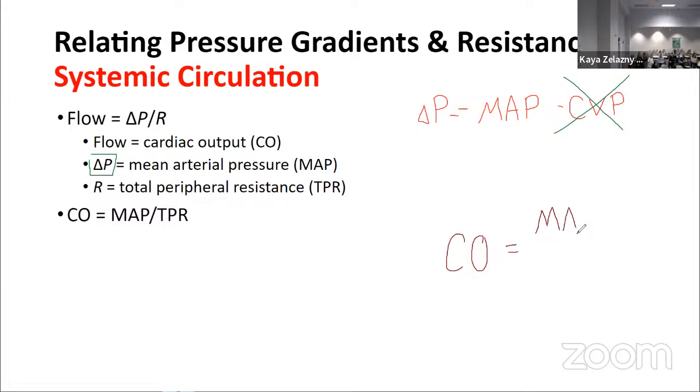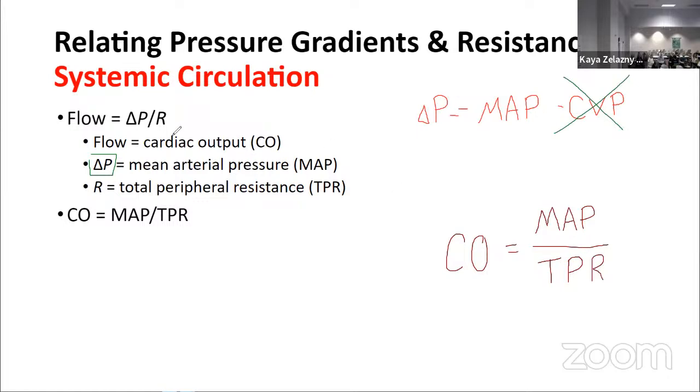And for right now, we're just crossing out the central venous pressure because we're under a normal condition. It's basically zero, so we can ignore it. So mean arterial pressure divided by our total peripheral resistance, which is our physiological measure of resistance here, so TPR. Okay. Cool. So these are things that we will think about in detail, how they're intertwined.